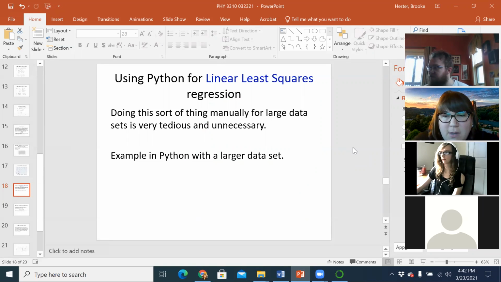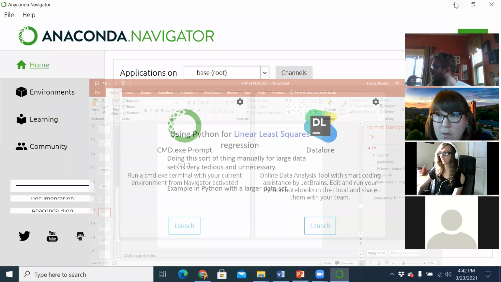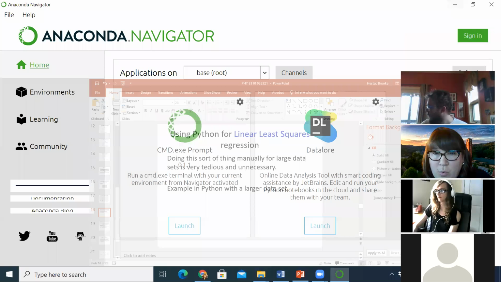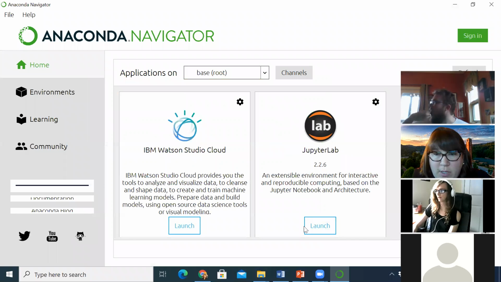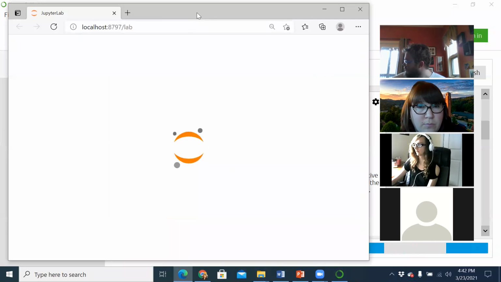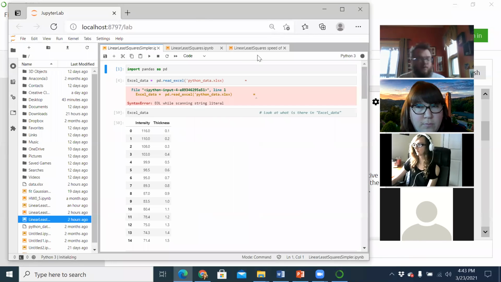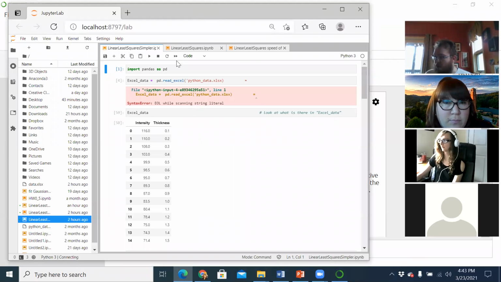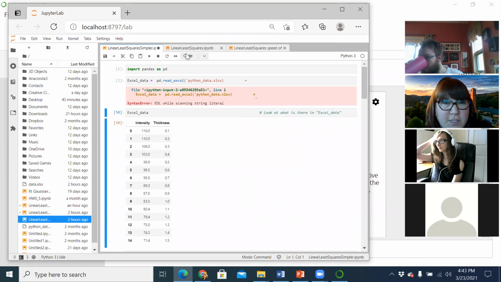It's usually faster. I don't know. All right, so I am launching Jupyter Lab. And we should be able to see this notebook soon here. Here we go. Oh, great. Of course, I have a syntax error.